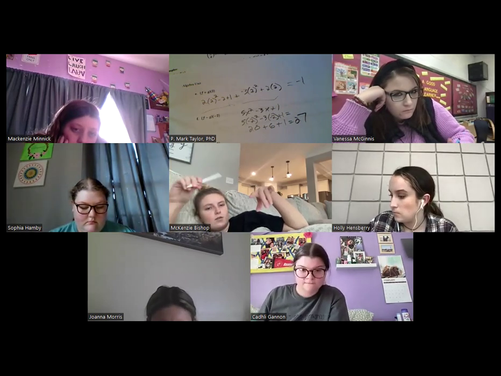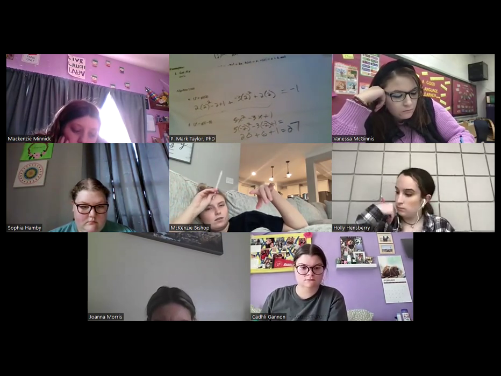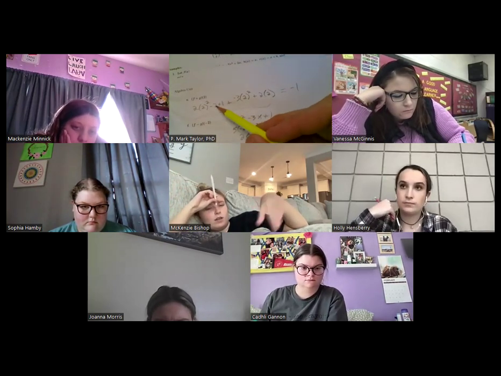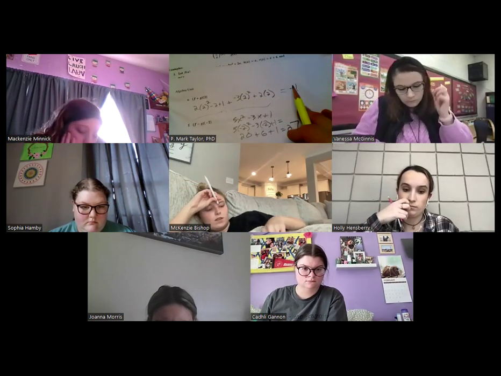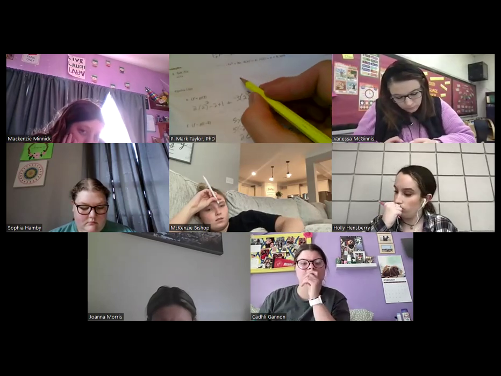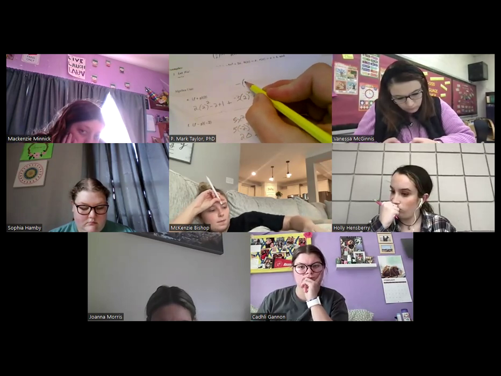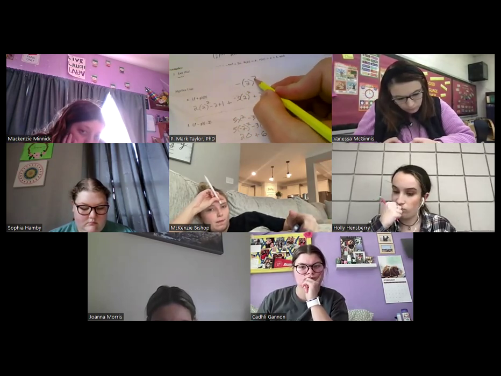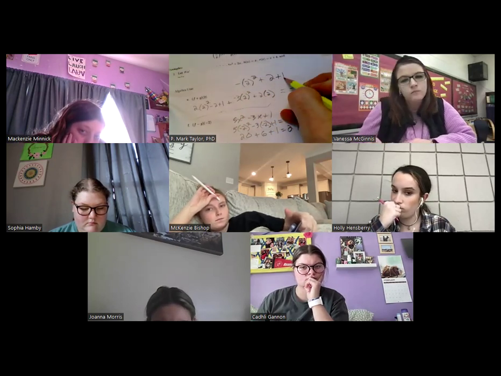On E, I don't know what I did wrong, but I ended up getting 7. Okay, well, in the finished one, what your work should have looked like was a negative x, so the 2 squared, plus 2 plus 1.